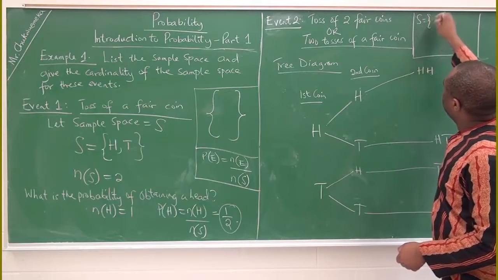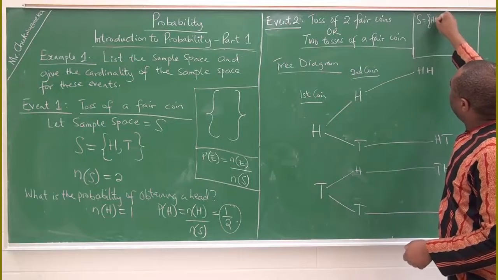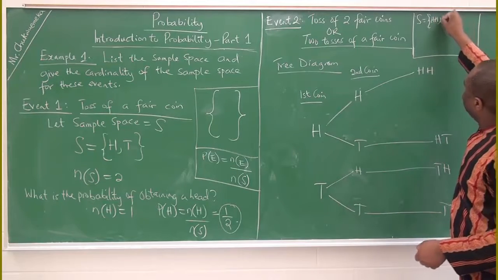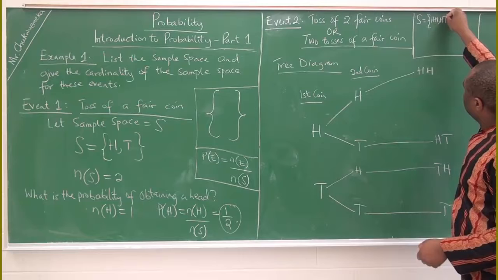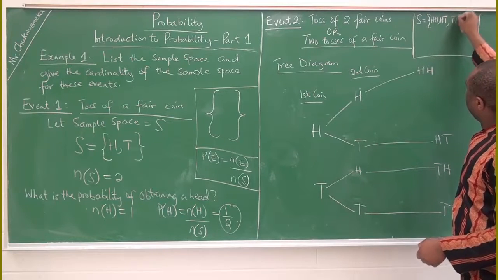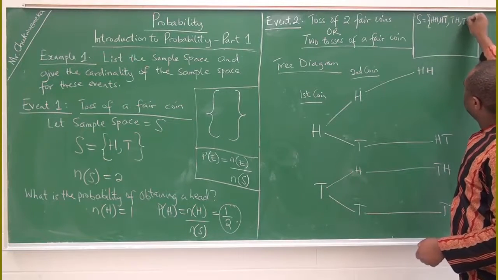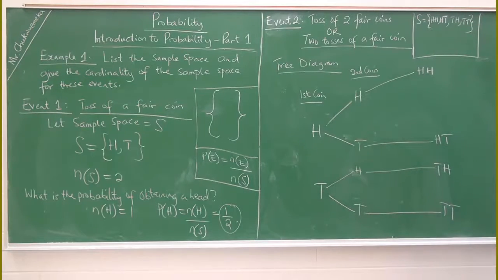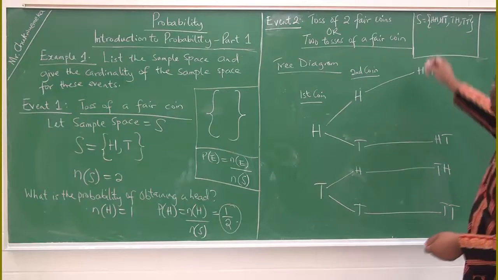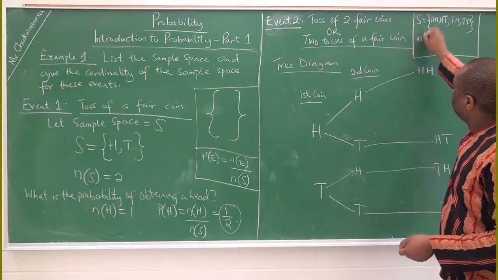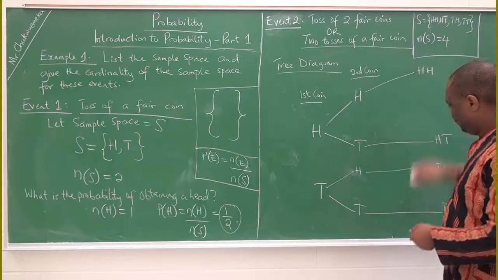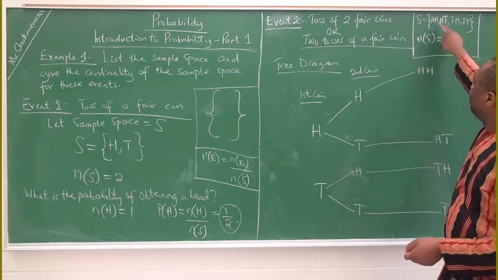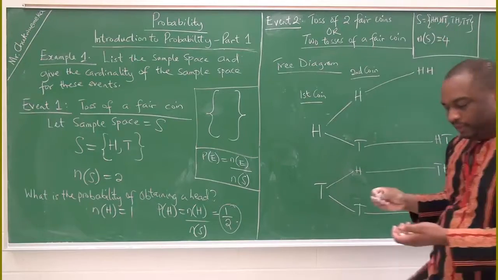The sample space will be a set of head, head; head, tail; tail, head; and tail, tail. And what's the cardinality of the sample space? It is 4. Cardinality is the number of elements: 1, 2, 3, 4. Number of elements in the set.